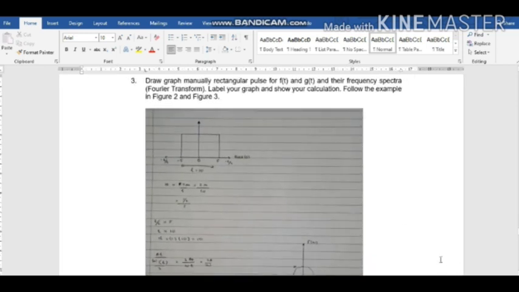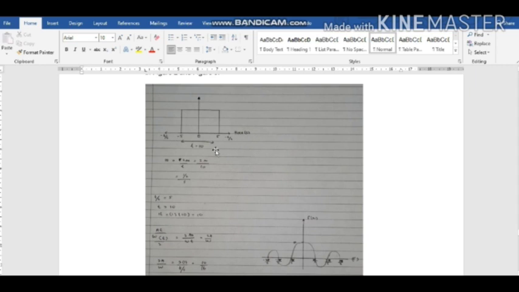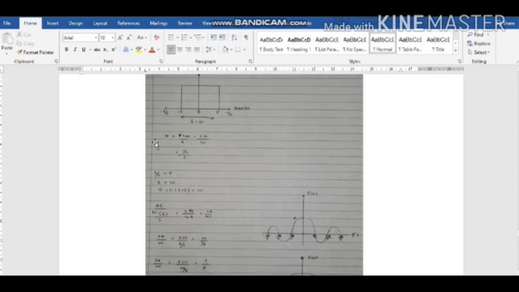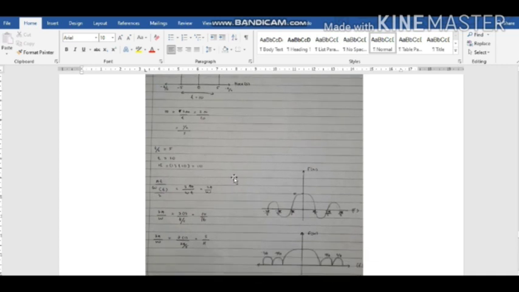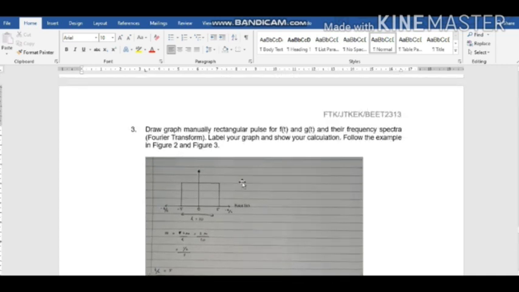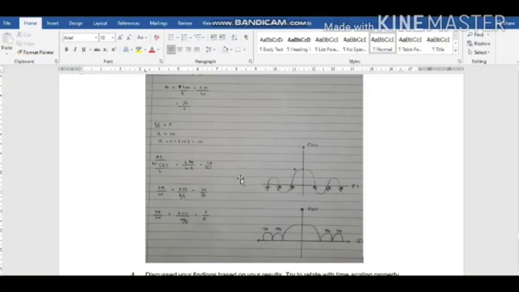I zoom it. So the rectangular pulse, T equals 10, and then when we calculate the frequency spectra, we get the first graph that is not complete, and then this is the final frequency spectral graph.